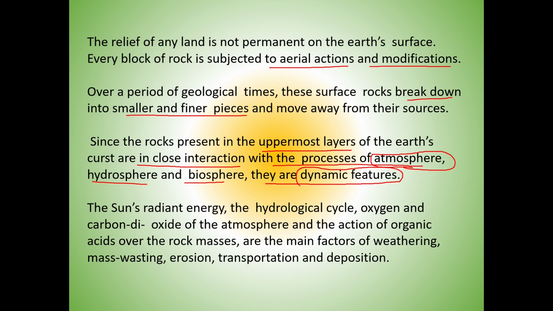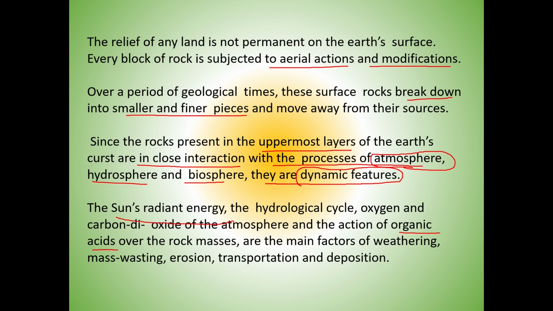It is not constant. The sun's radiant energy, the hydrological cycle, oxygen and carbon dioxide of the atmosphere, and the action of organic acids over the rocks are the main factors of weathering, mass wasting, erosion, transportation, and deposition.